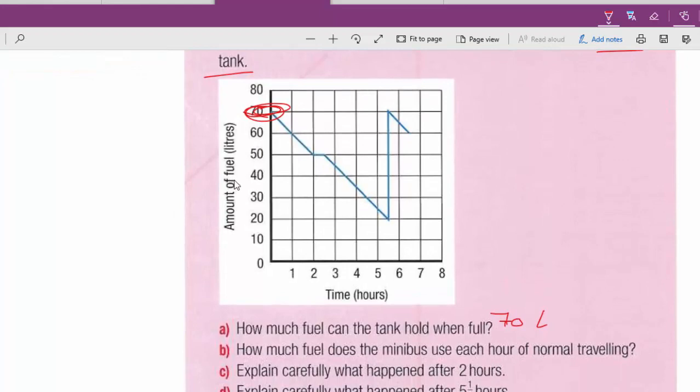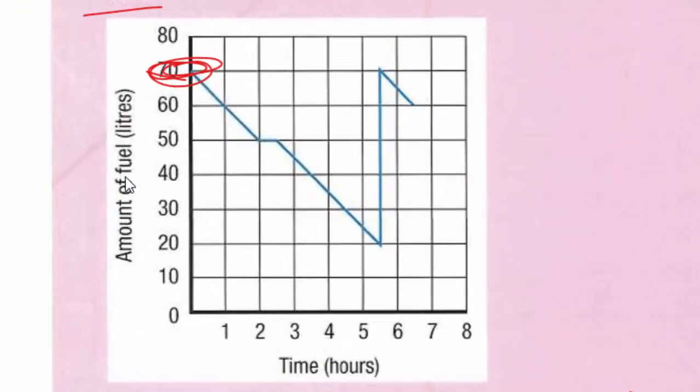How much fuel does the minibus use each hour of normal traveling? In the first hour, the amount of fuel in the tank reduced from 70 liters to 60. It means the minibus spent 10 liters. Here, another 10 liters, from 60 to 50. Then they took a break.